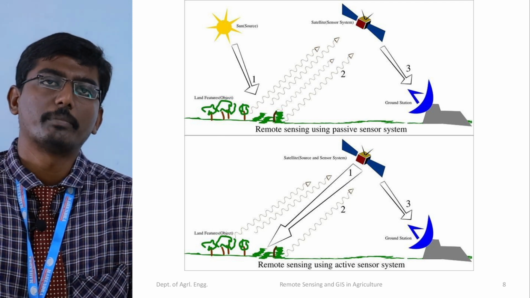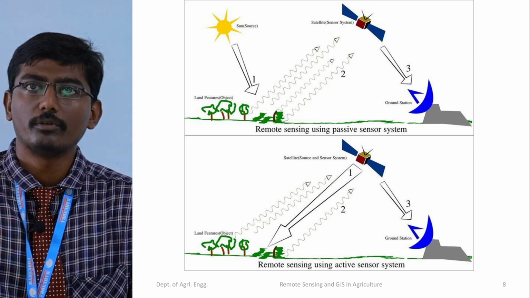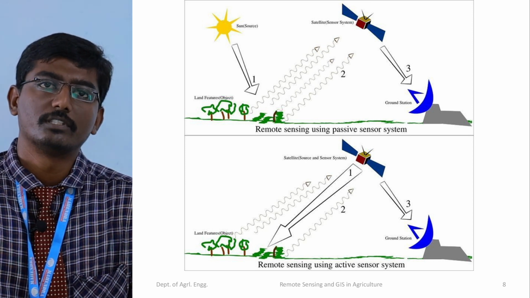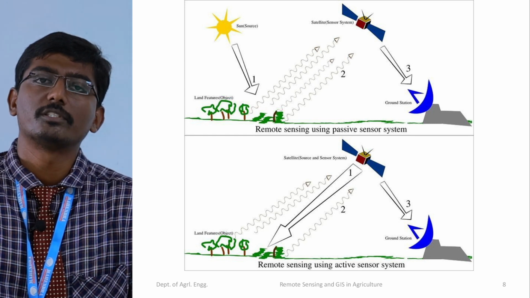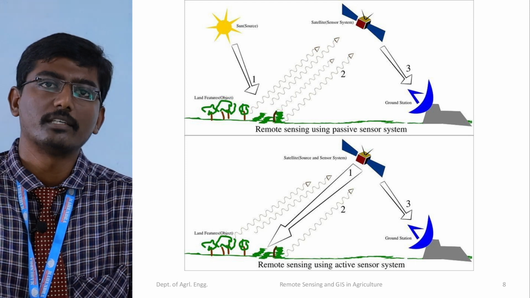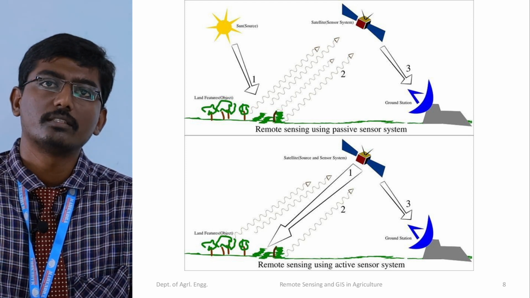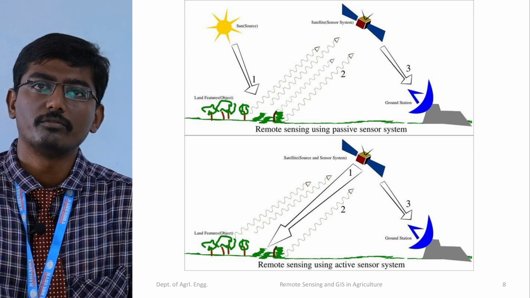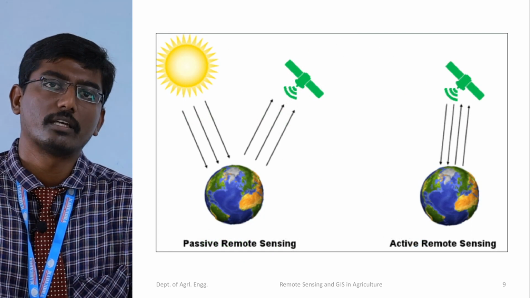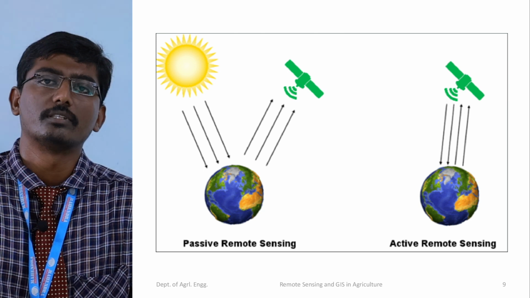So let's come to the passive and active sensors. Both collect information with the use of a sensor, but the energy source is different. For example, the passive sensor does not have energy of its own, so it gathers energy from another source. The sun is the energy source for passive sensors.